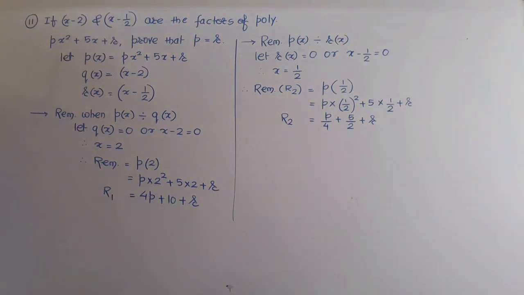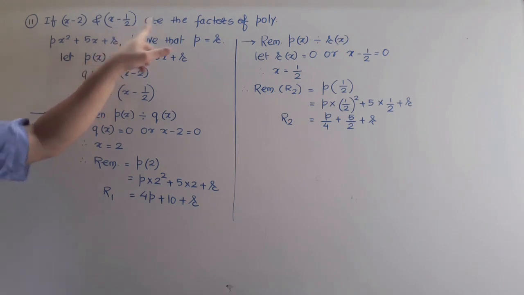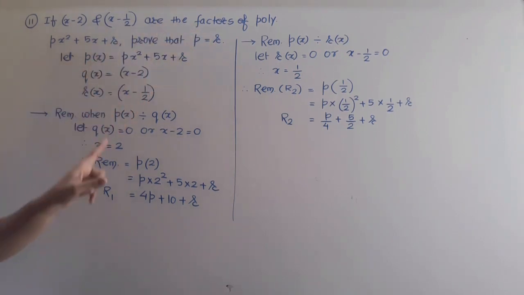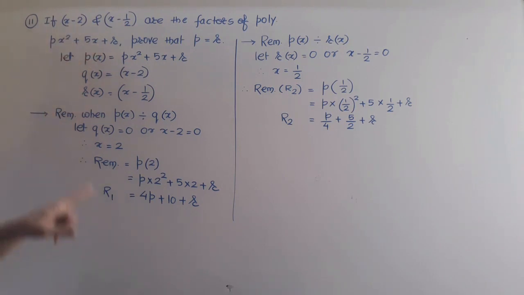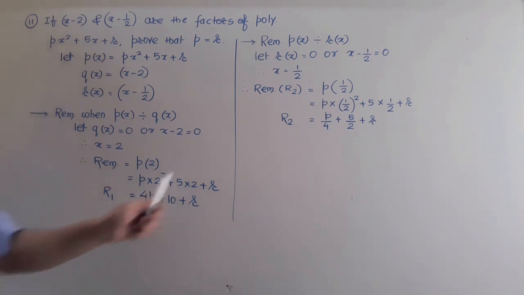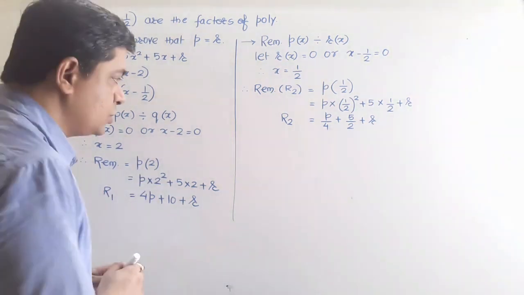Now we come to the given condition in the question. What is the given condition in the question? In the question, if you observe, the condition is given that x minus 2 and x minus 1 upon 2 are the factors. So when you will divide the given polynomial by x minus 2, the remainder will come 0, and same thing will happen with x minus 1 upon 2 also. So here we will say that the remainders r1 and r2 both are equal to 0.